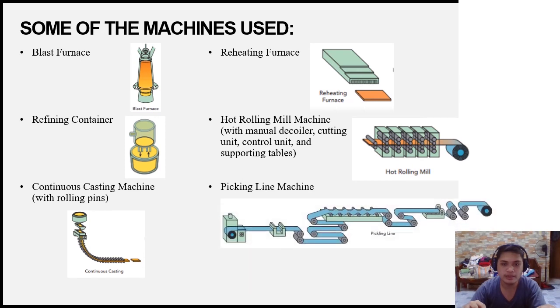Next is the picking line machine. After the hot rolling mill machine, the recoiled sheets of roofing will be run through the picking line machine.